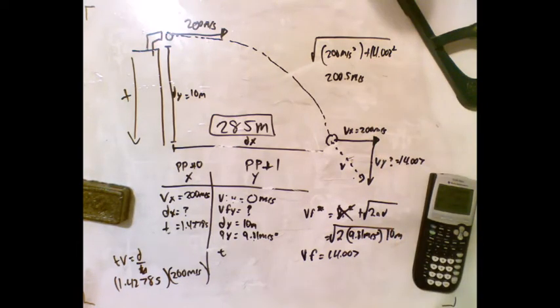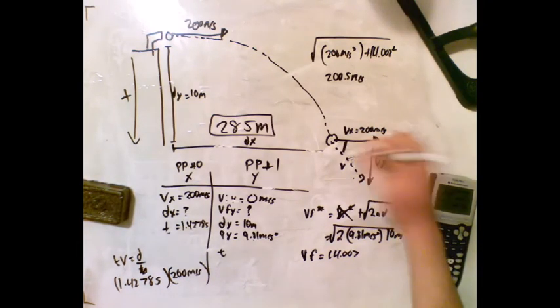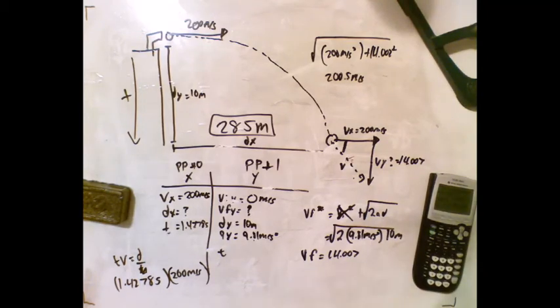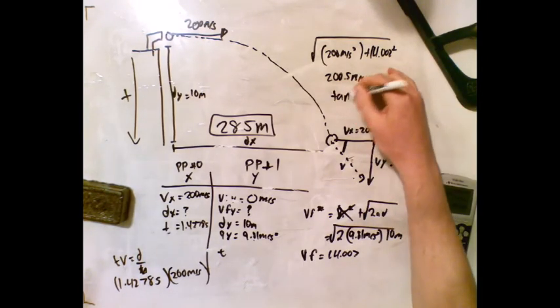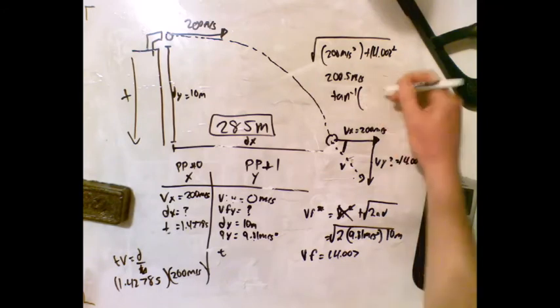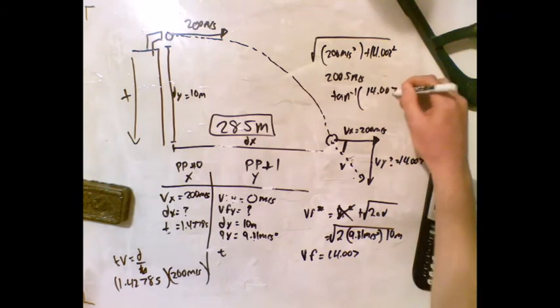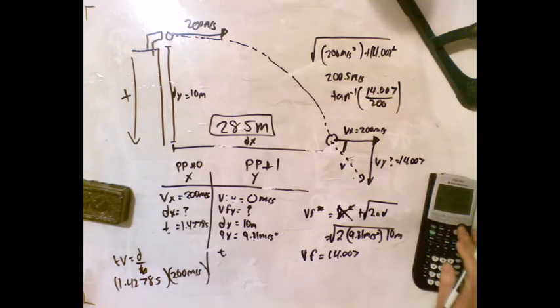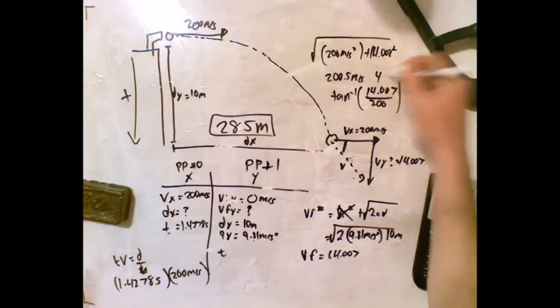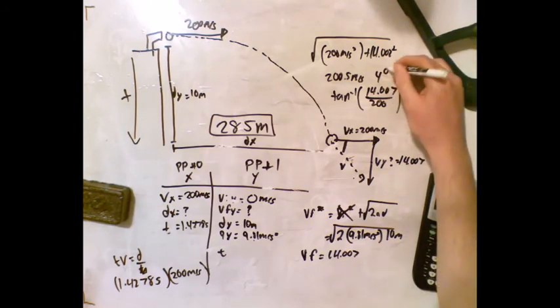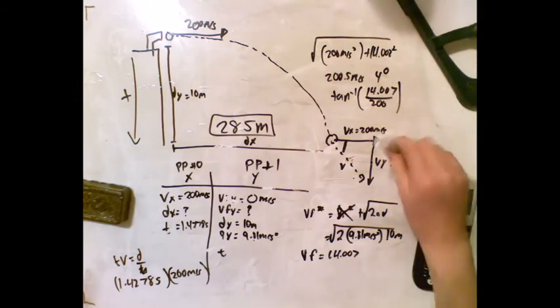Okay, so it's going to be going a little bit faster, and I can also find this angle because it's asking me for velocity, so I just have to tan -1, opposite over adjacent, 14.007 divided by 200, and it's going to be a really tiny angle, so I tan -1 14 over 200, and I get basically 4 degrees.